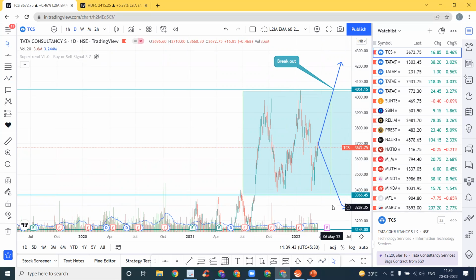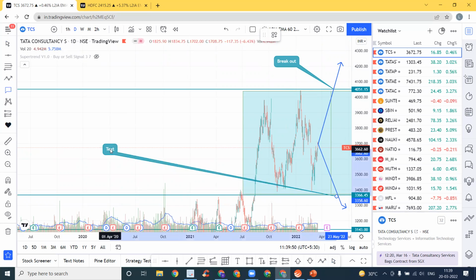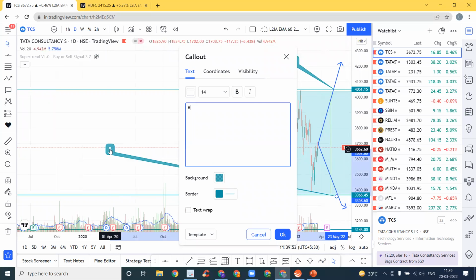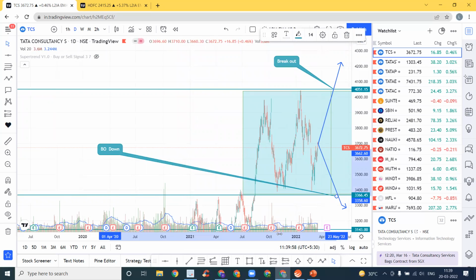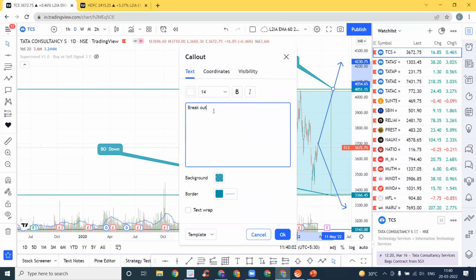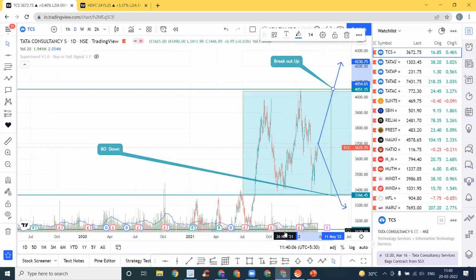But here, the breakout is happening in the downward direction. So in any chart you'll find there are two possibilities: a breakout happening in the upward direction, or a breakout happening in the downward direction.